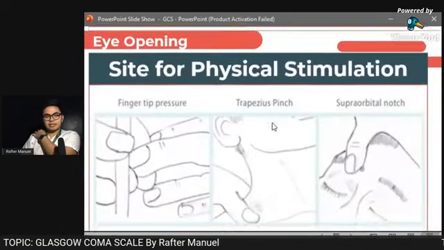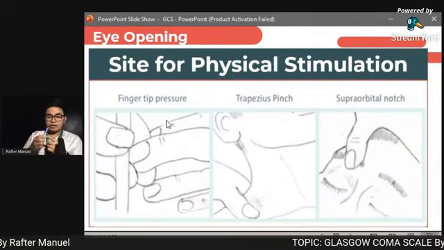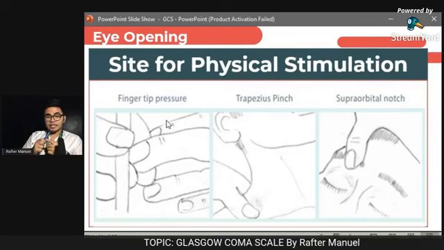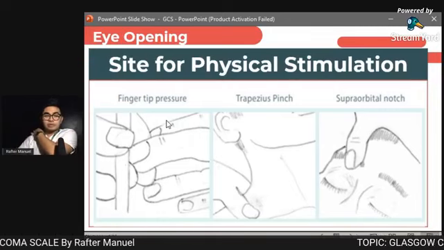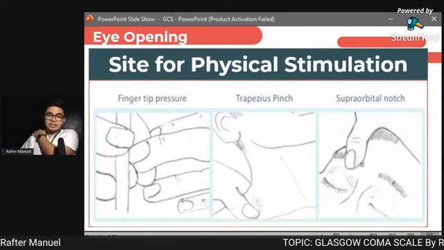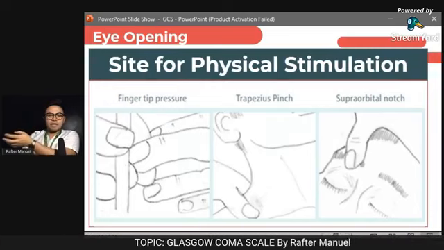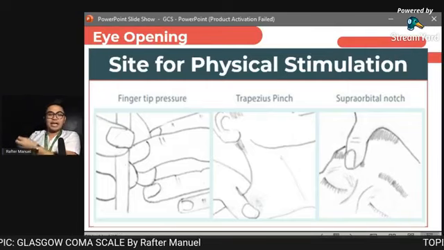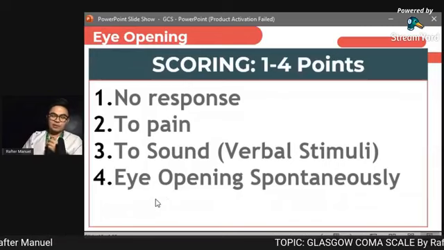All right. These are the site of physical stimulation. Fingertip pressure, you put pressure in the nails of your patient, that is painful. All right, trapezius pinch, masakit din po ito. Supraorbital notch. All right, so anything that you give to your patient as painful stimuli, and the patient will open his or her eyes, then you give that patient 2 points.